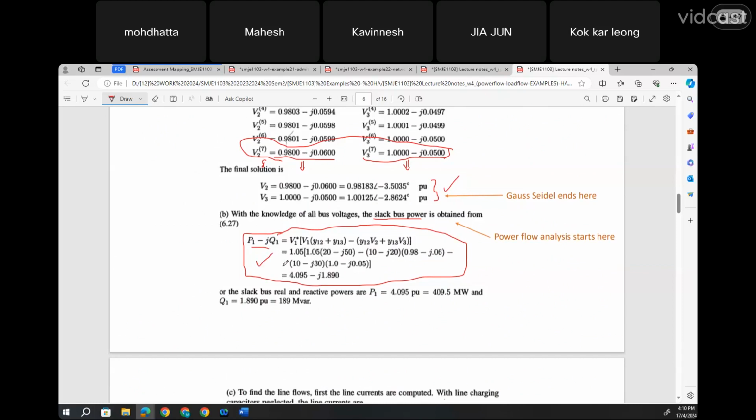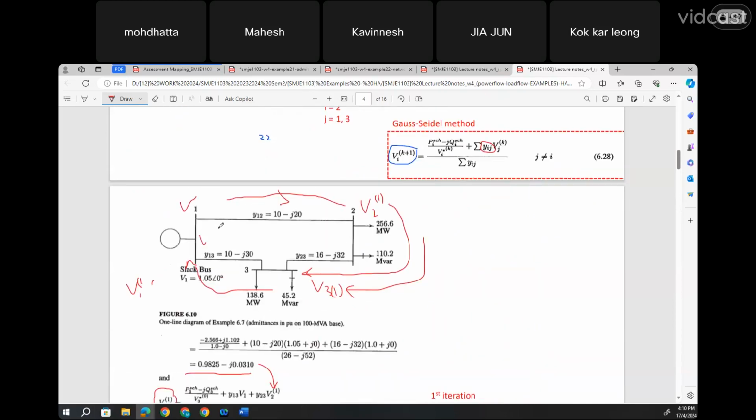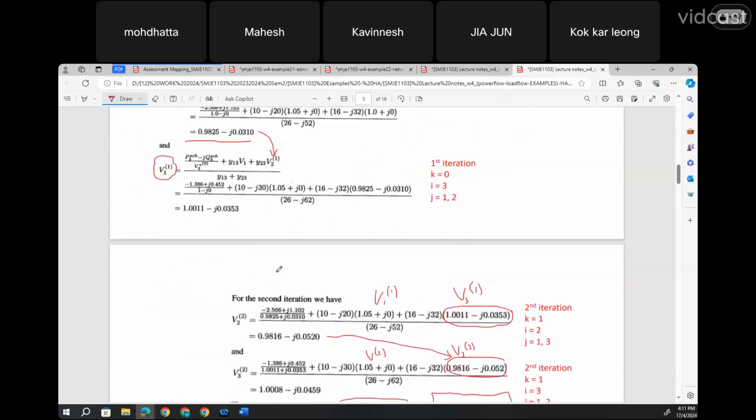The slack bus is like a reserve bus, where the power is yet to be determined and will be determined based on the voltage level once we get all the voltage levels at the buses connected to it. In this case, we have 3 buses. For one we know the voltage over here, V2 we just determined using Gauss-Seidel, and V3 we also get from Gauss-Seidel. And the last part is the power at bus number 1.